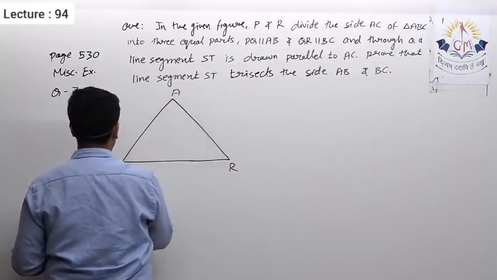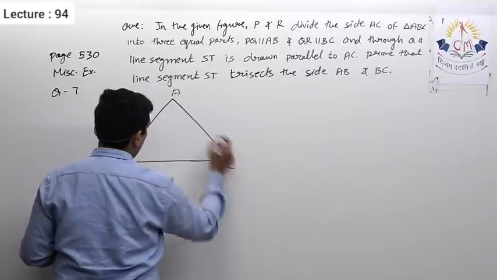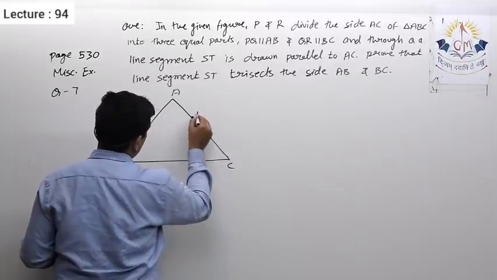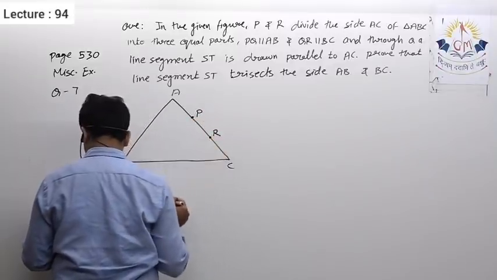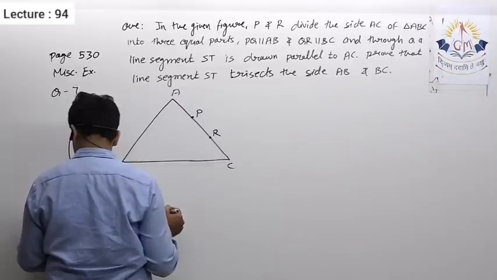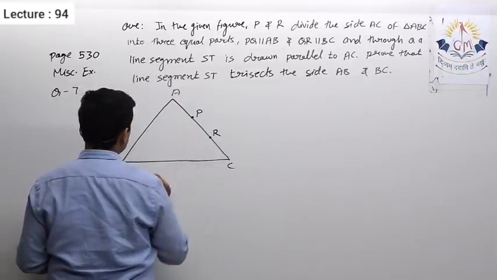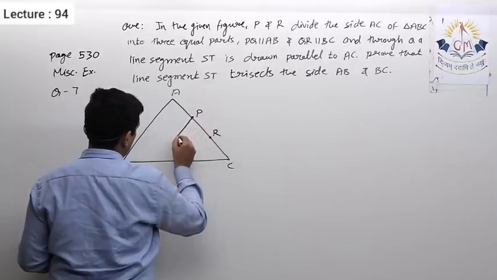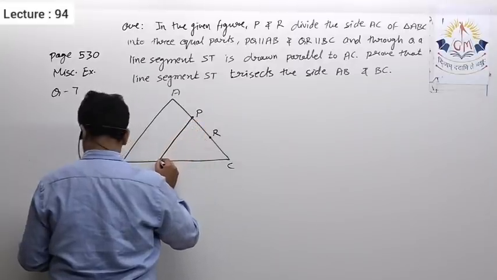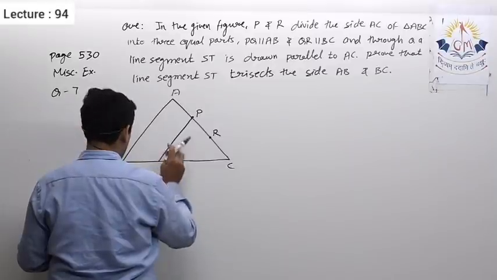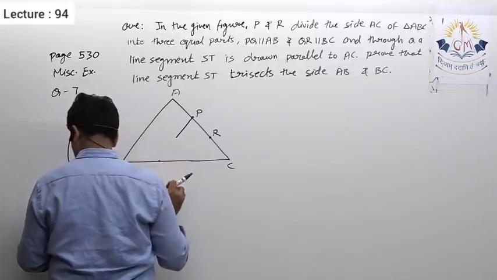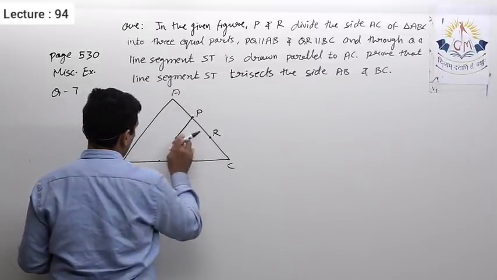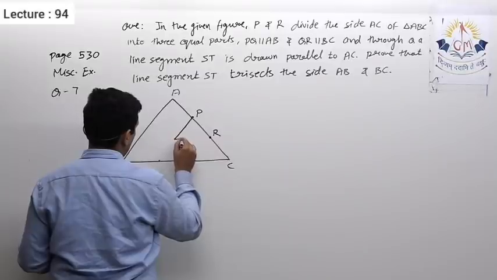P and R divide AC into three equal parts, trisects. So here we have P, this is point R. PQ is parallel to AB, something like this, up to this only. QR is parallel to BC.